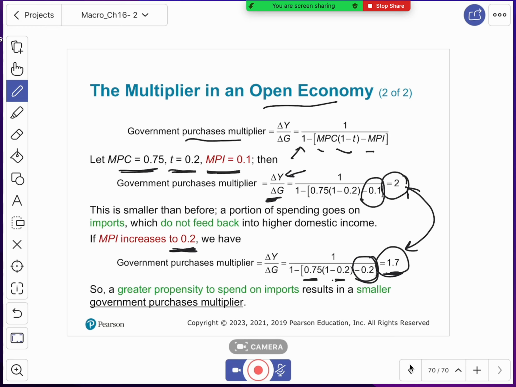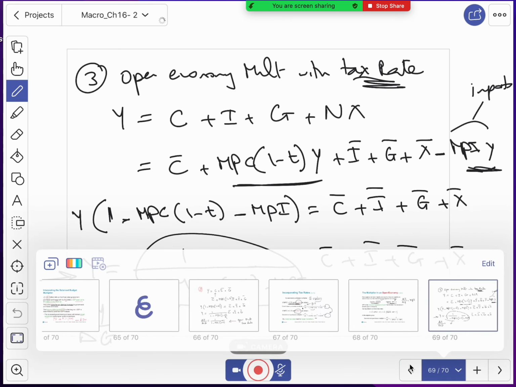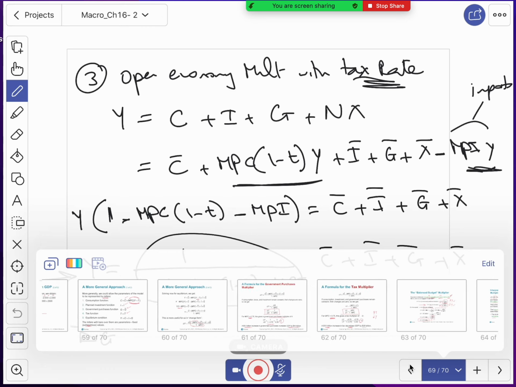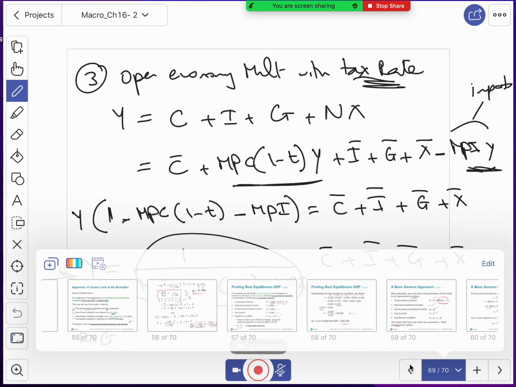And this brings us to the last type of the multiplier. I'm just going to show you the first slide.